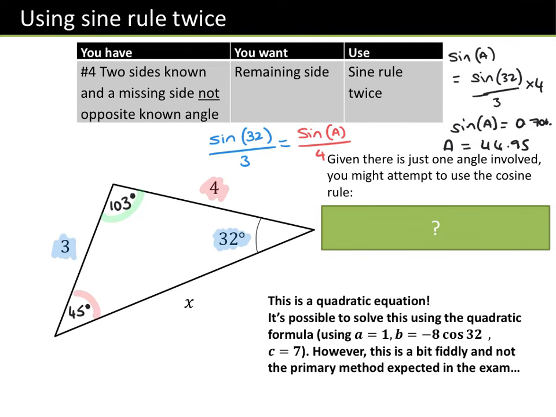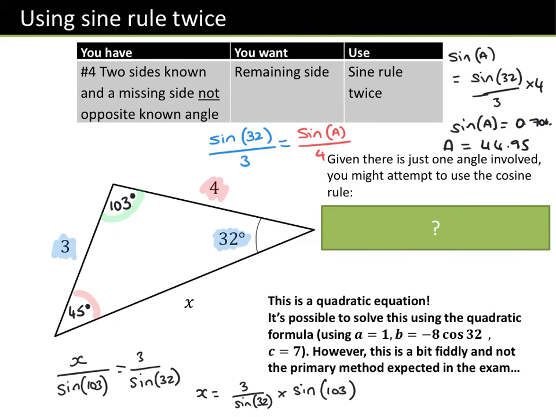Now that I know that, I can use my sine rule again. I have two matching pairs. So I've got these two or these two. It doesn't matter which one I use. I will get the same answer. I'm going to pick the blue matching pair that we had in the question. So we want to find x. So we know that x over our opposite angle, sine 103, equals 3 over sine 32. So x is going to equal 3 over sine 32 times sine of 103.